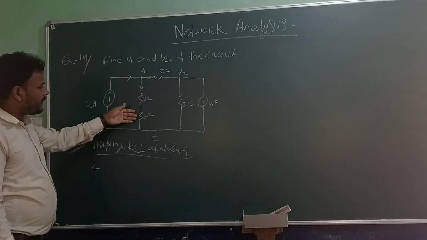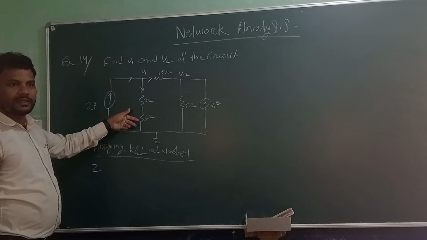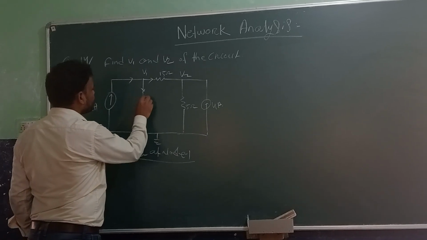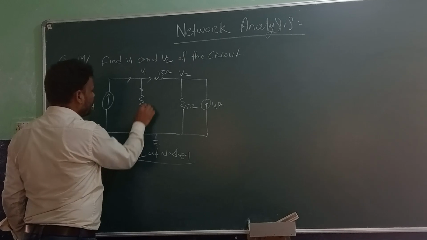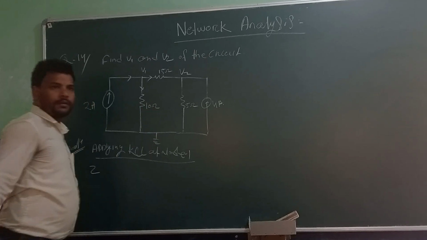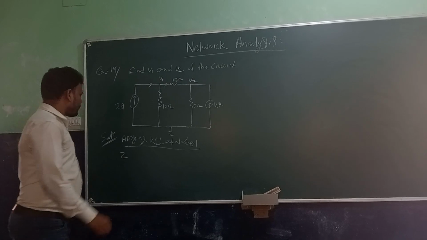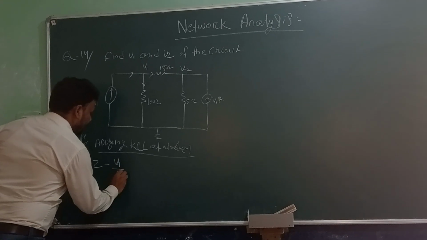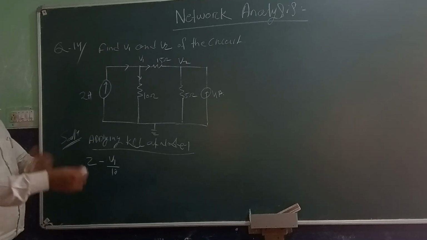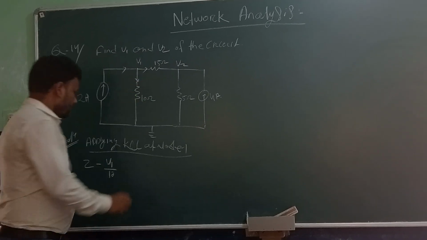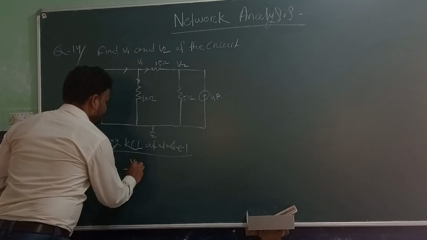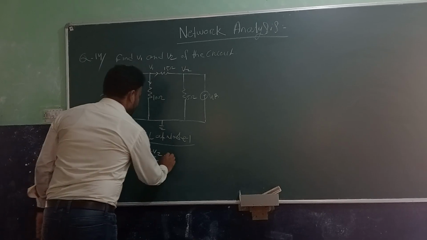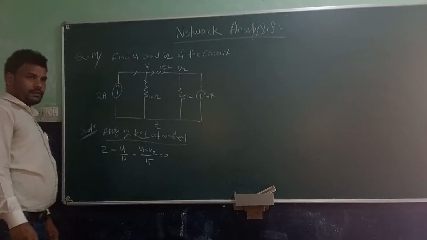So here total resistance of this branch is 7 plus 3, 10. I can replace it with one resistor of 10 ohm. So this total current flowing is V1 minus 0 by 10, which is V1 by 10. So here the total current flowing: 2 minus V1 by 10 minus V1 minus V2 by 15 equals to 0.